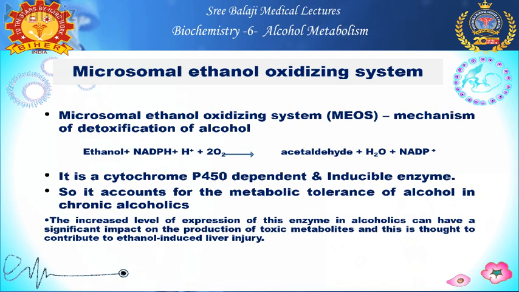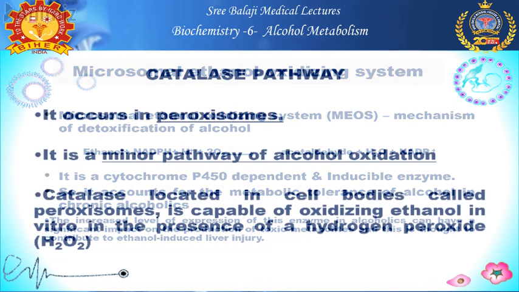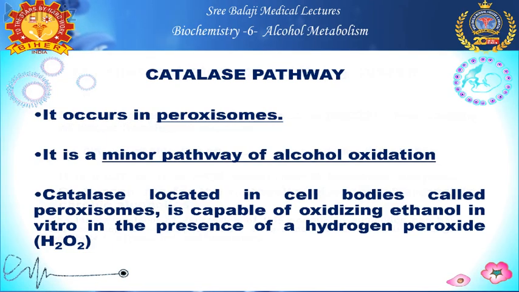This enzyme is more active in chronic alcoholism. Next one is the catalase pathway. It occurs in the peroxisome. It is a minor pathway of alcohol oxidation. This reaction occurs in the presence of hydrogen peroxide.